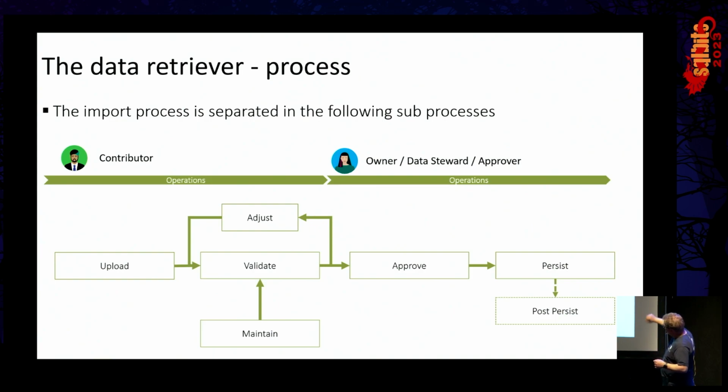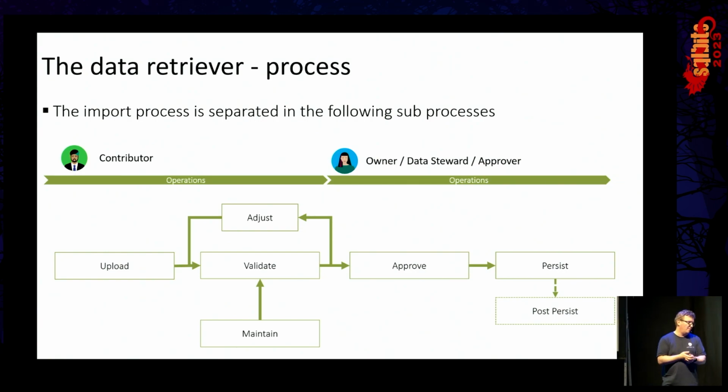We also offer what we call post-persist. When the write into the system has finished, things can be triggered like SQL commands or HTTP, so you can call a REST API, call logic apps, or trigger any kind of jobs.